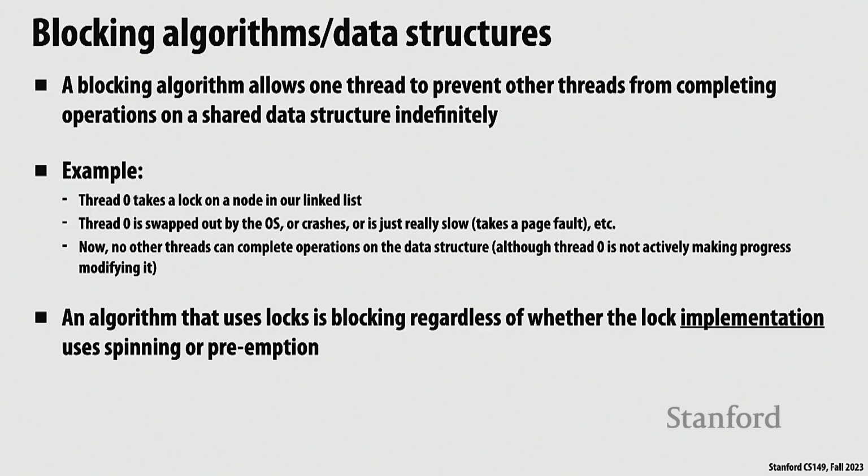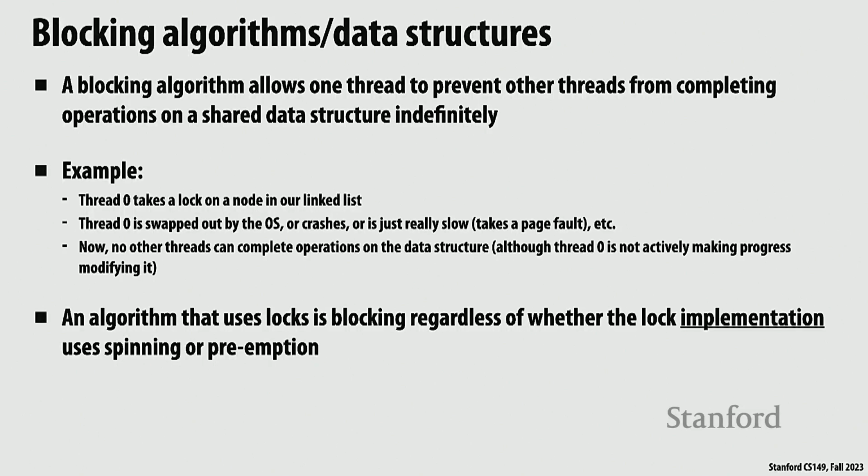Imagine you take a lock as a thread, and then you get swapped out by the OS. You get context switched out. All of the runnable threads are sitting there spinning or trying to get a lock, and the thread that has the lock just got swapped out in its critical section. Those are the types of examples that really motivated lock-free data structures.